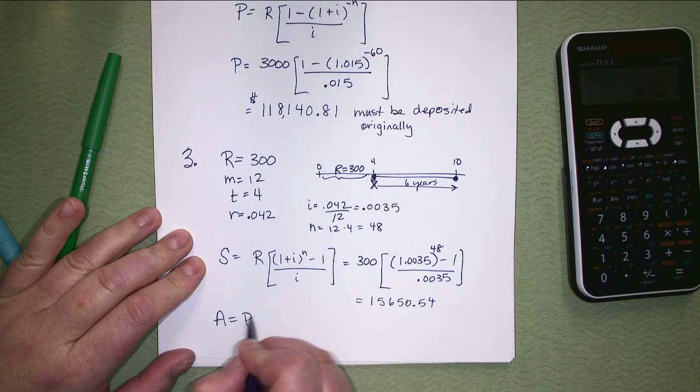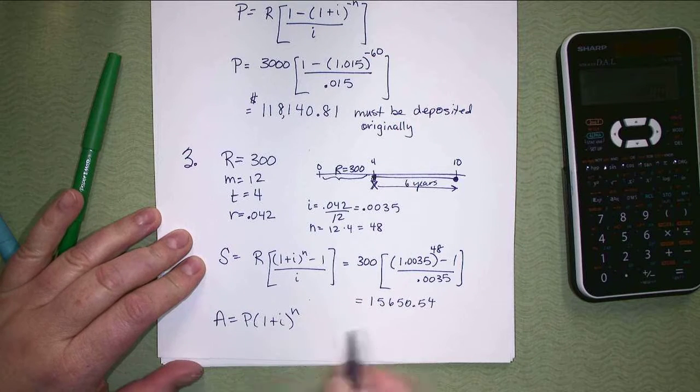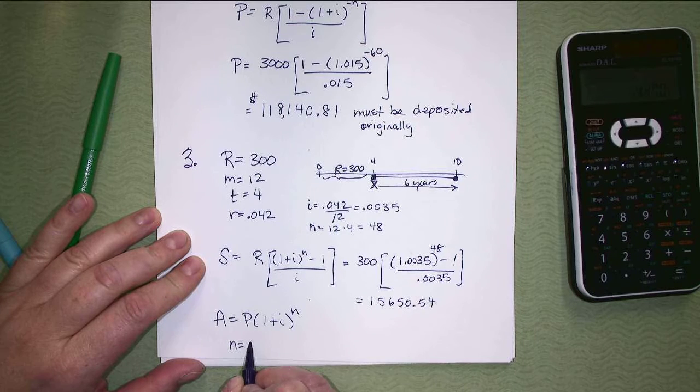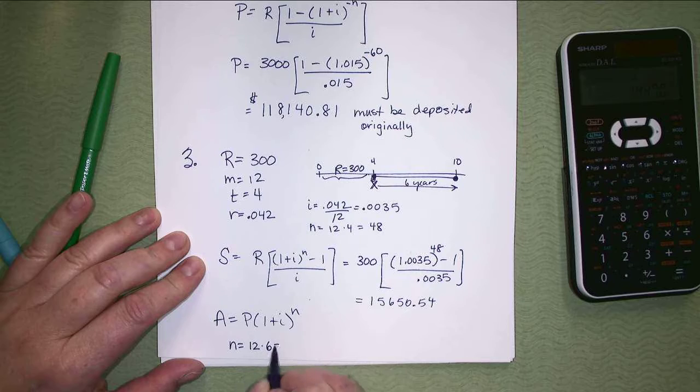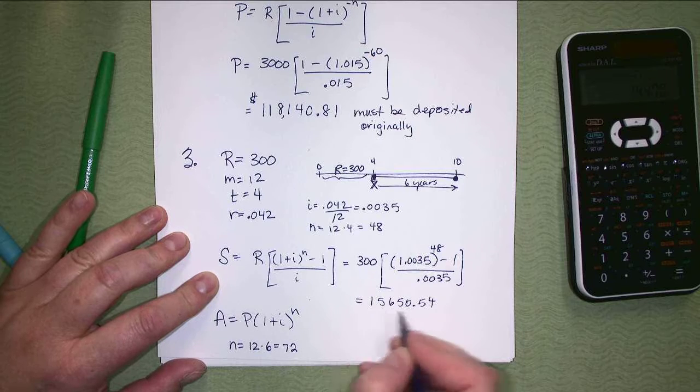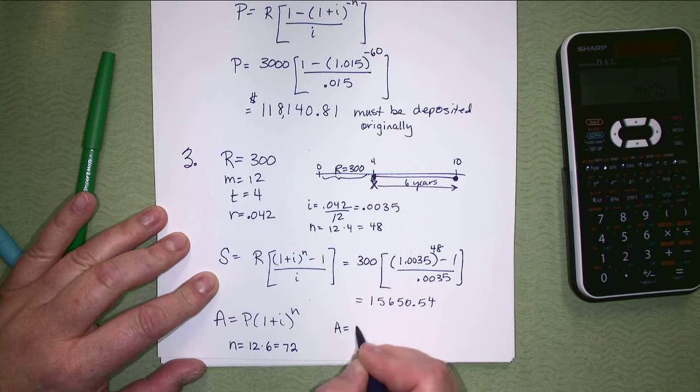It's going to sit in, right, so N here is compounded 12 times. T now is going to be 6. So what's that, 72? I is still the same, and this is now our P. And we want the accumulated value.